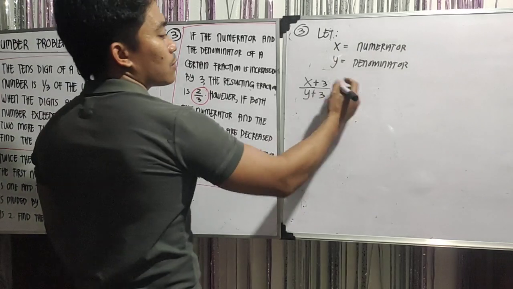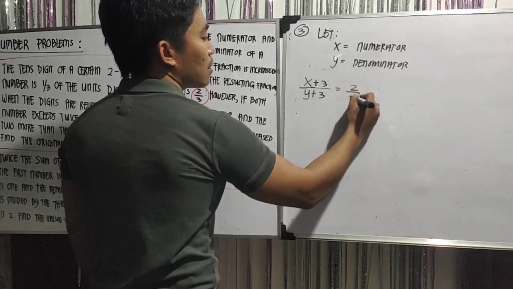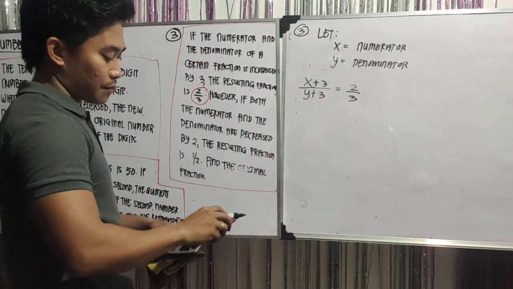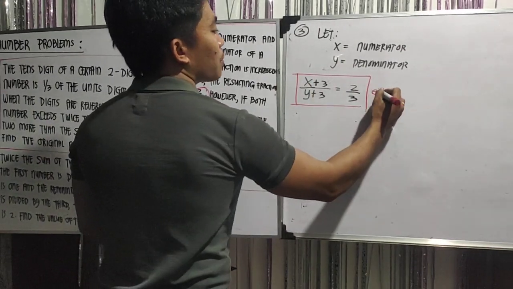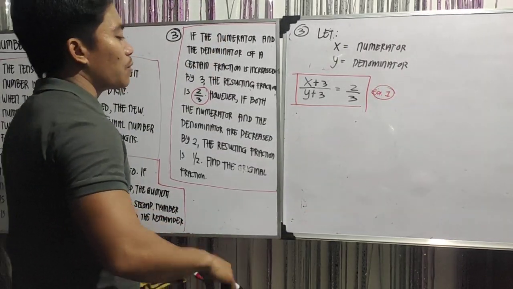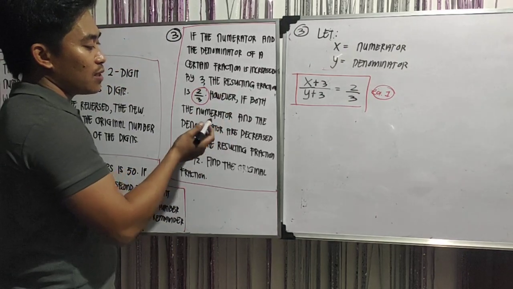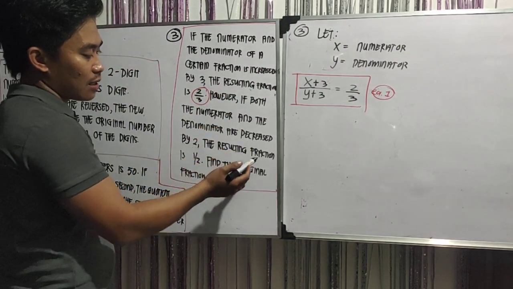Okay? So, pag dinagdagan mo daw ng 3, both numerator and denominator, the resulting fraction is 2/3. This will become our equation 1.